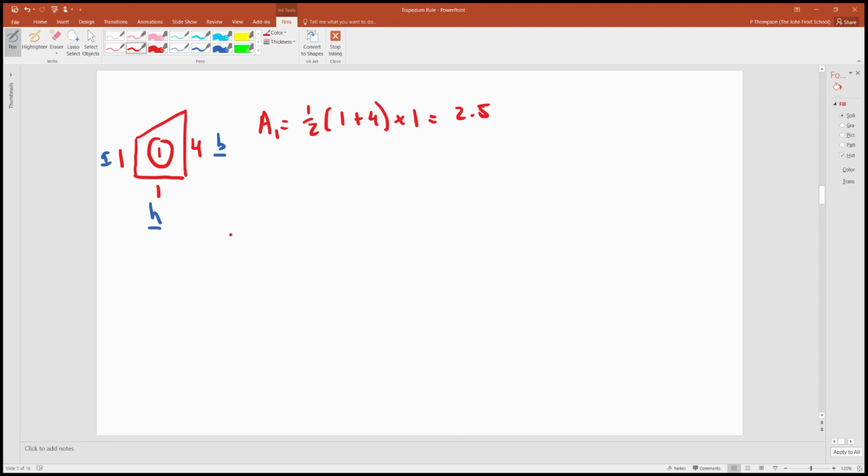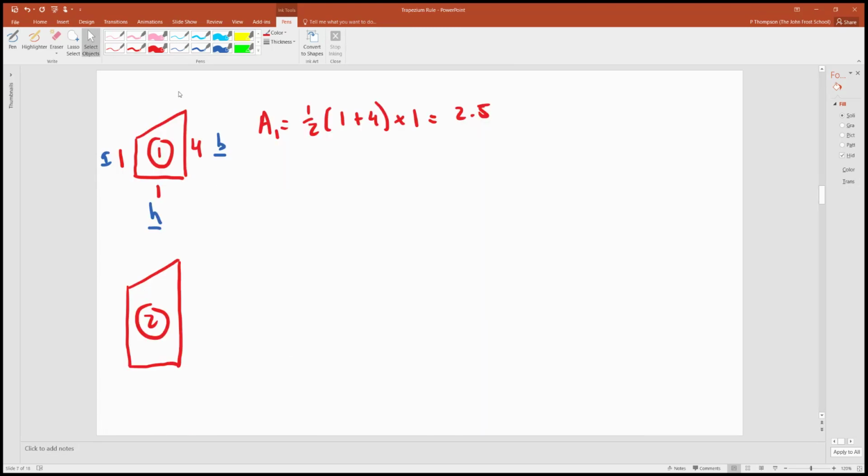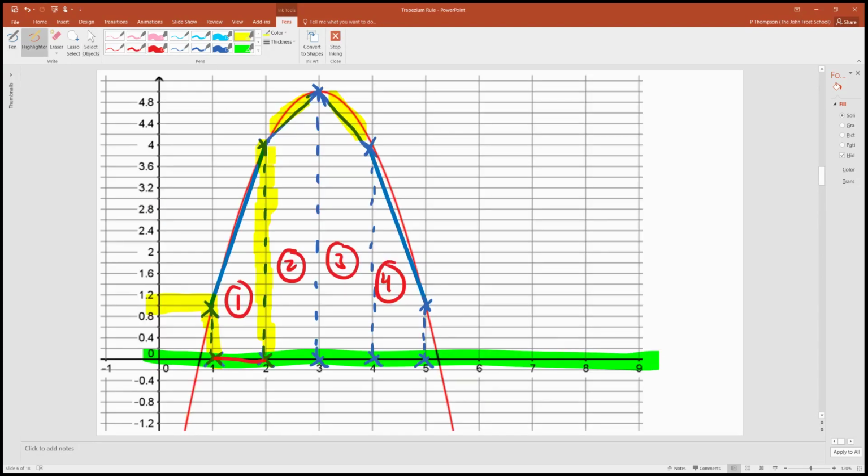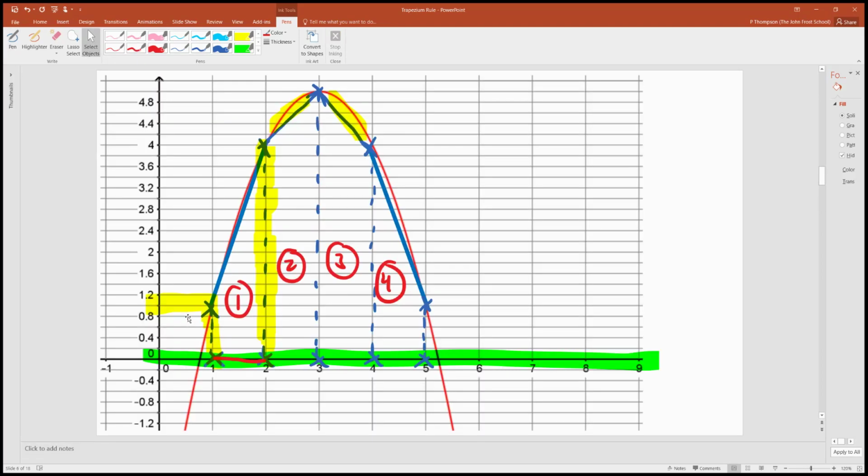If we look at shape 2, it's another trapezium, a slightly taller one, so I'll sketch it to that effect. Again, the height is 1. It goes from 2 to 3. This height here we already know is 4. The right-hand side, if you read the scale, you hit 5.